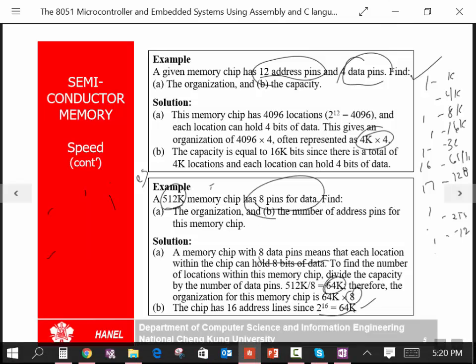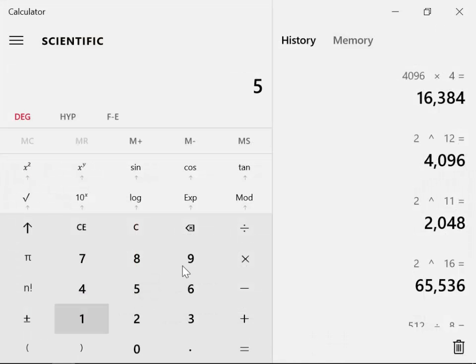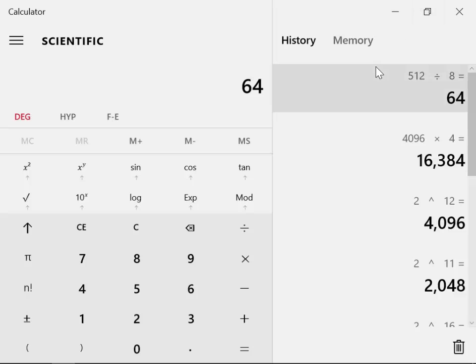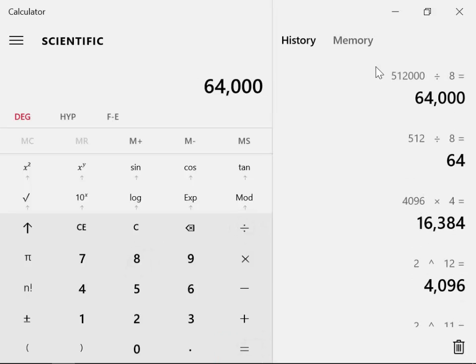Well, the organization is going to be 512K divided by 8. It should be 512K. 512K divided by 8 is 64K.